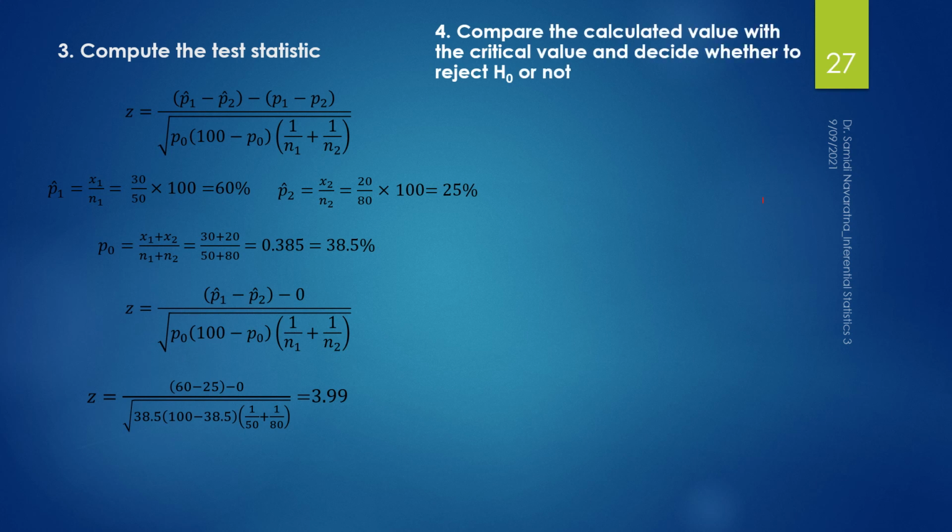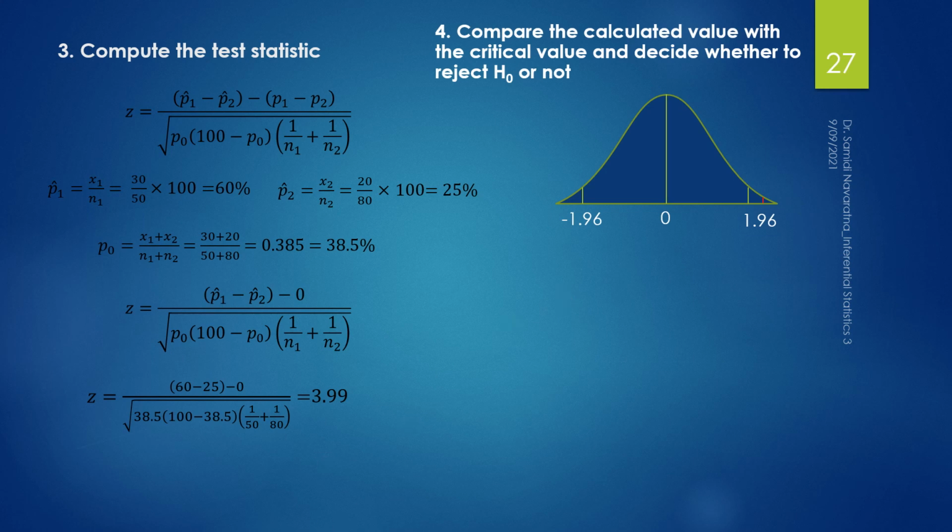The next step is to compare the calculated value with the critical value and decide whether to reject the null hypothesis or not. Let's look at the null distribution again. And as you can see, the calculated Z score falls within the critical region. The calculated score is way beyond the critical value. Therefore, we can reject the null hypothesis.